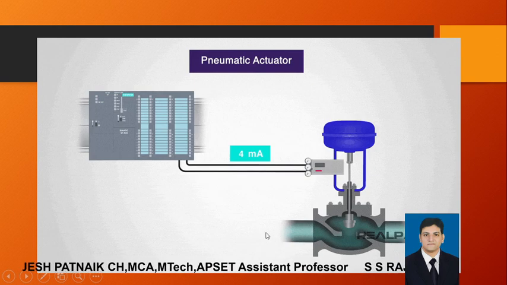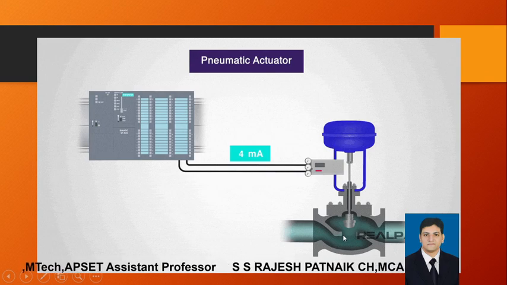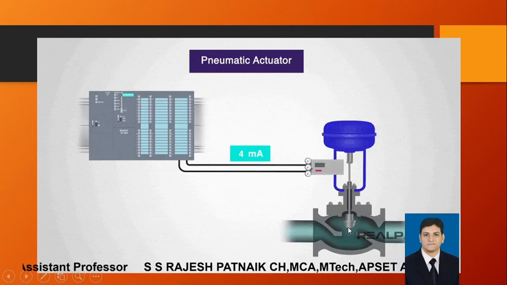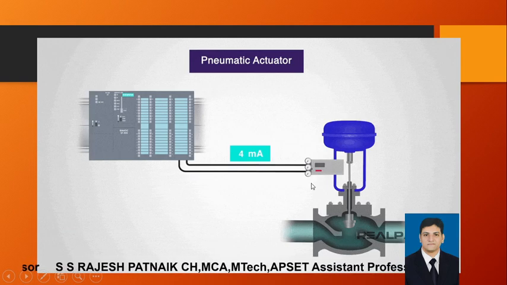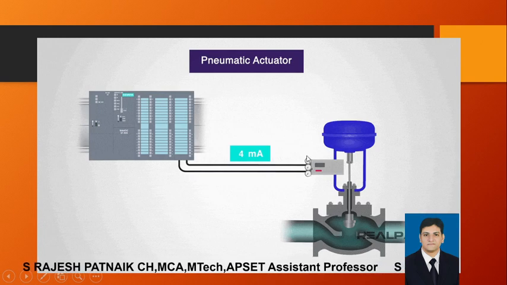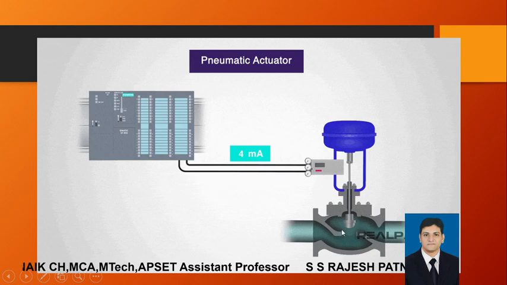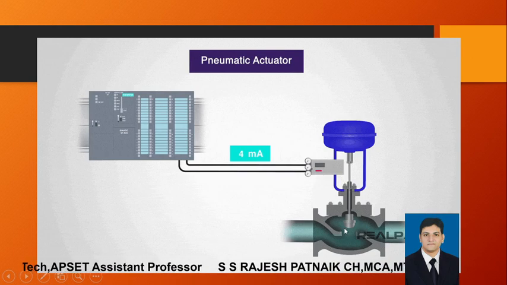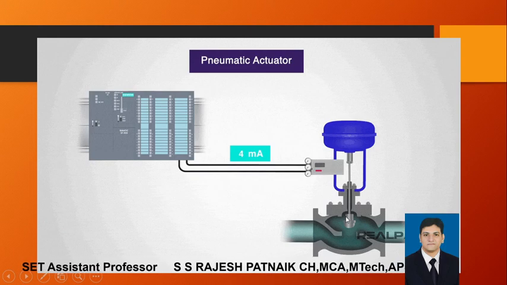Whether the water flow will stop or start is told by this particular pneumatic actuator. The actuator is arranged here, and based on the number of milliamps, it is going to stop or start. So that is the concept of the pneumatic actuator.